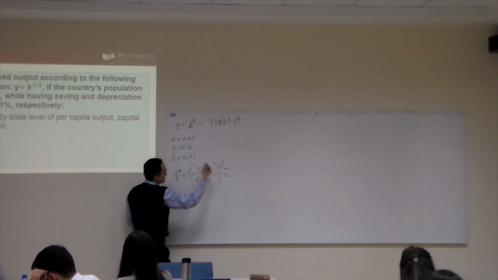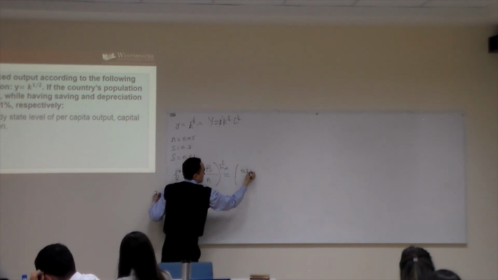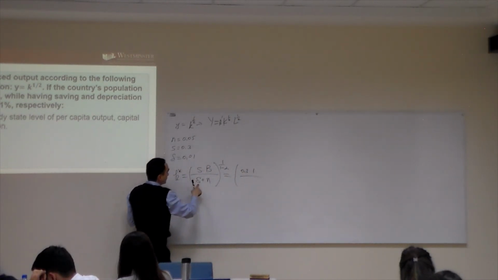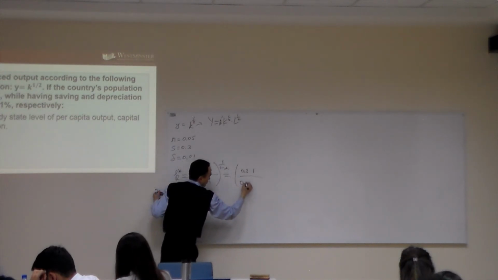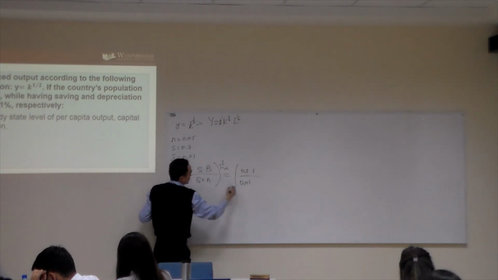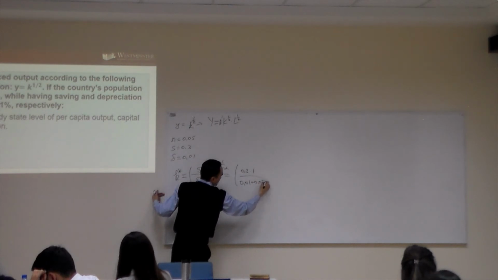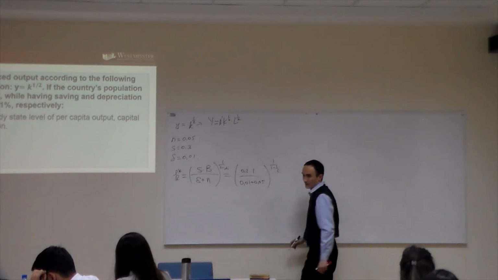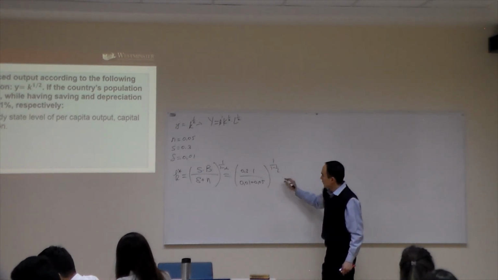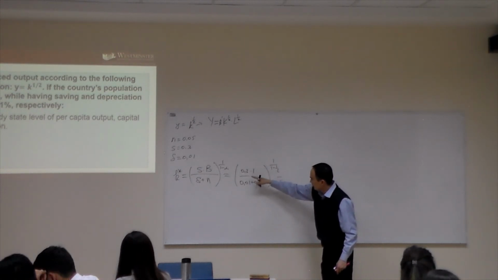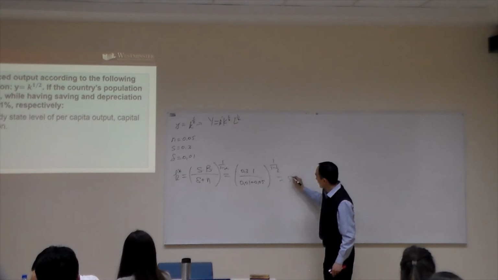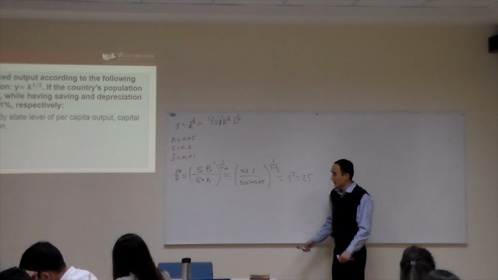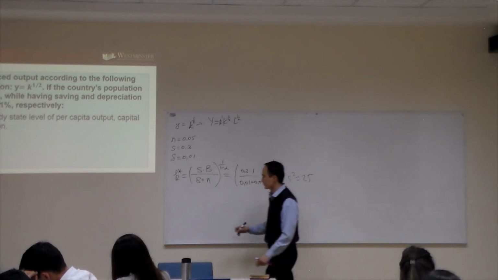Saving rate is 30% times technology is equal to 1. Depreciation rate is 1%, 0.01. Population growth is 5%. In the power of 1 over 1 minus 1 over 2, yes? Alpha is 1 over 2. If we divide this, it will be 5 squared, which is 25. It's equal to 25.